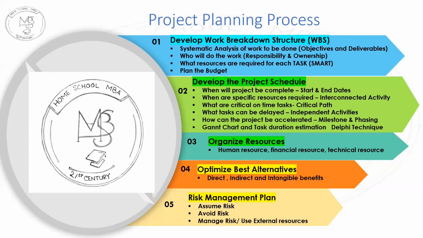There is a slight difference between interconnected and interdependent. Interconnected, they are necessary for each other, but interdependent, the other activity cannot start unless the previous activity is completed. Like, roof cannot be put unless the walls are raised.